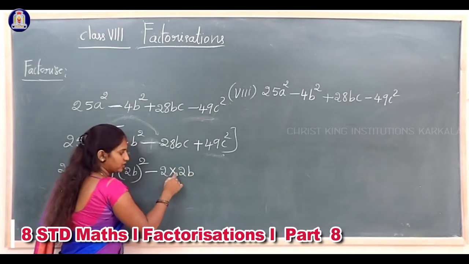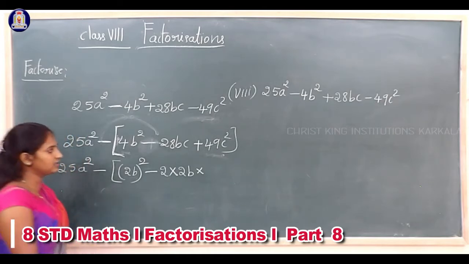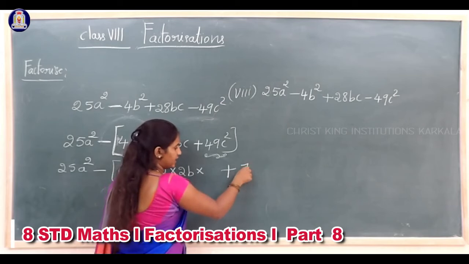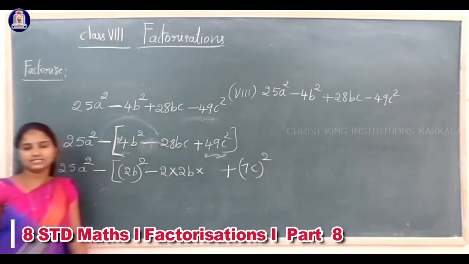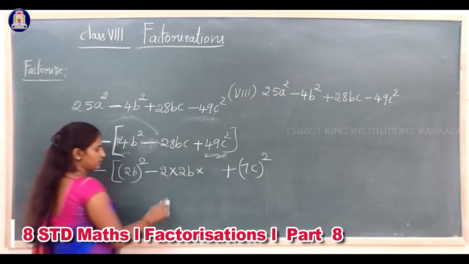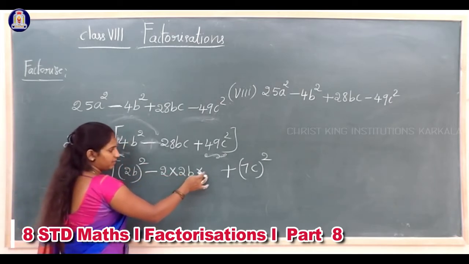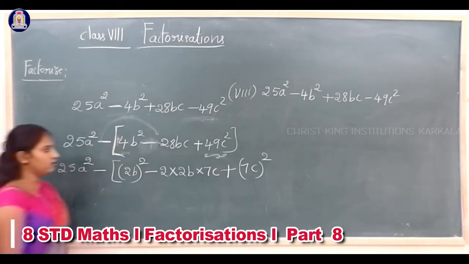So write 2 into a into b. So what is b? See, 49 is what? 49 can be written as 7c the whole square. So now here we can write a square minus 2ab, where b is 7c.